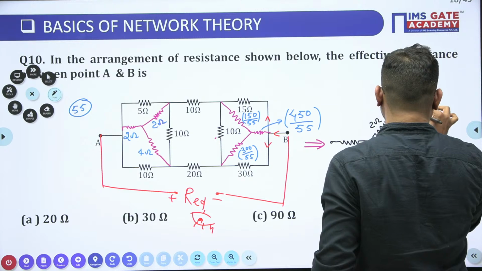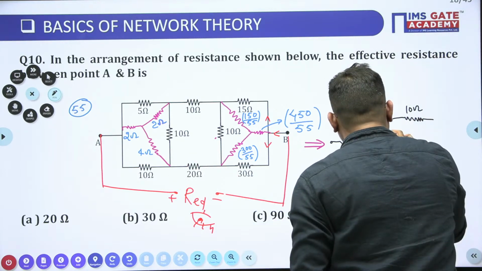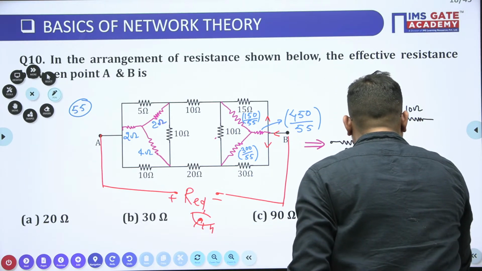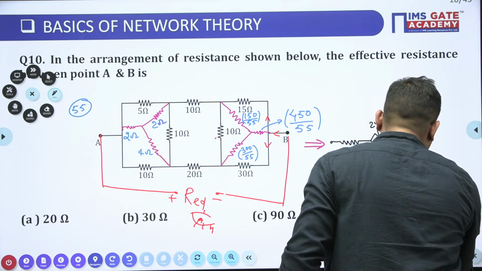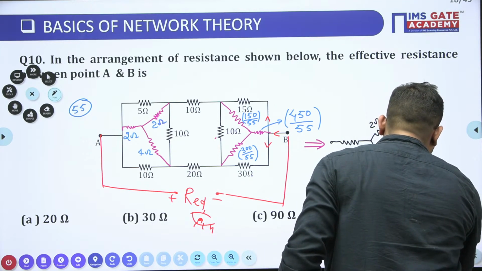This one is 4 ohm, and this resistance is of 20 ohm.